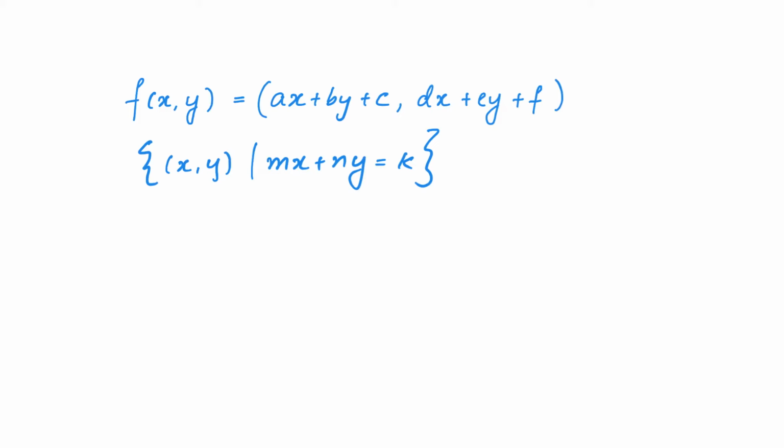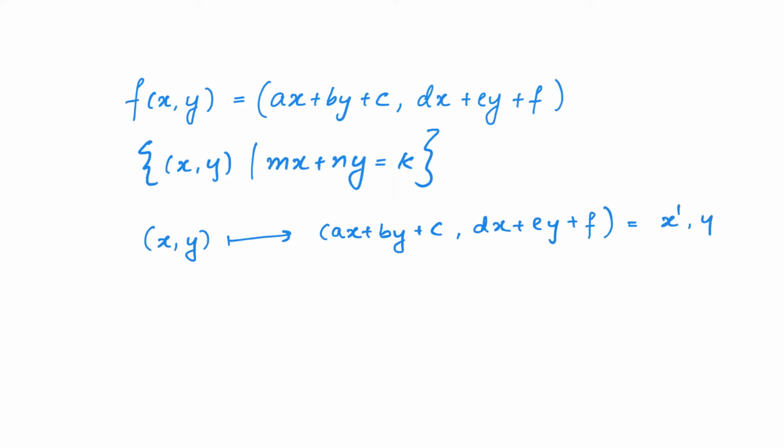We want to see that this set is sent to another line. In other words, if you look at the point (x,y), that gets mapped to (ax + by + c, dx + ey + f), and this can be denoted as, say, (x', y'), where x' = ax + by + c and y' = dx + ey + f.